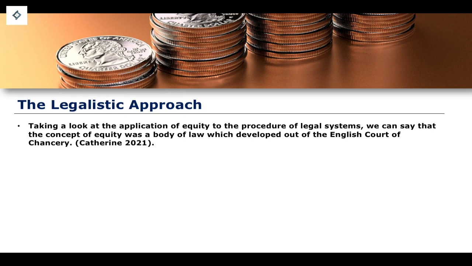The reason why it became almost its own separate jurisdiction was because we see a shift away from the employees of the Chancellor to the application of judges within the Court of Chancery, and this imbued equity with a certain amount of legalism, which essentially bogs equity in the Court of Chancery down to the same kind of critiques that equity was supposed to solve when we talk about the rigid, harsh nature of the common law.